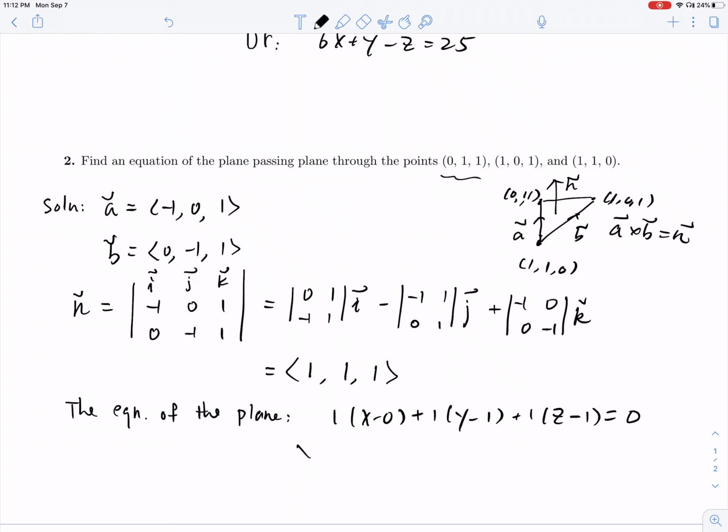Or you can say x + y + z, and this is -1 - 1, so -2 = 0. All right, these are all simple examples of finding lines and planes equations.